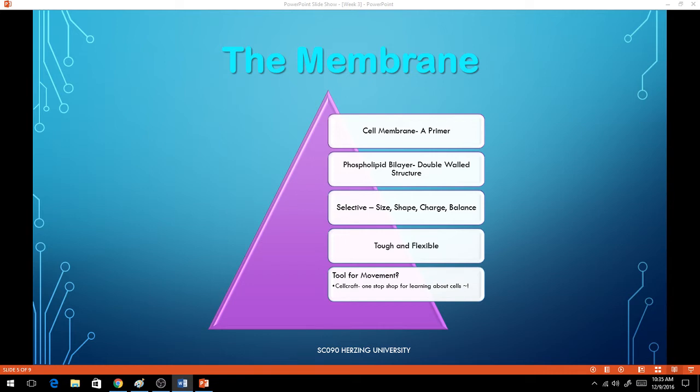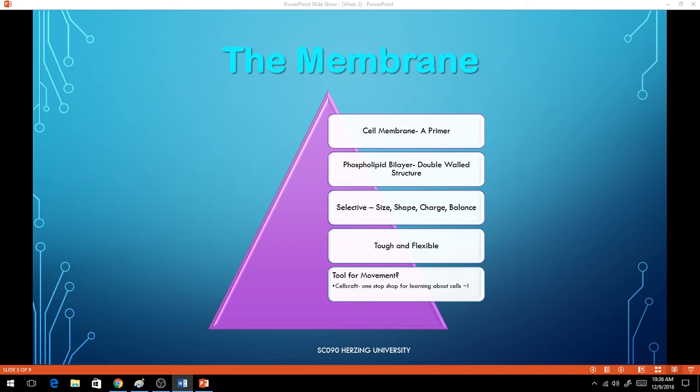The phospholipid bilayer provides a watertight seal for cells while preserving a way for chemical agents to enter and exit the cell. The specialized outer wall can examine outside agents and determine if they come in. This examination can take into account size, shape, electrical charge, polarity, that balance we talked about, before letting them into cells.